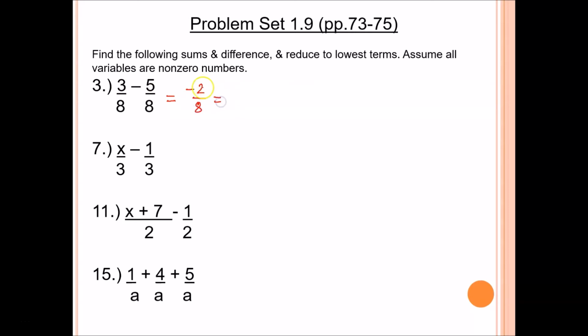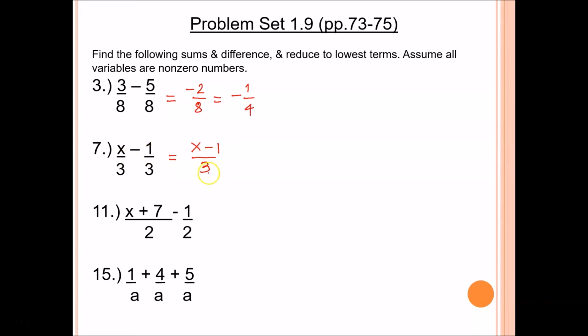Now you notice 2 and 8 are not yet in simplest form, so we can still divide this by 2 and 2, so we have negative 1/4 as our final answer. Okay, number 7. Still like fractions, so the denominator is 3, and then x minus 1, we just simply copy.